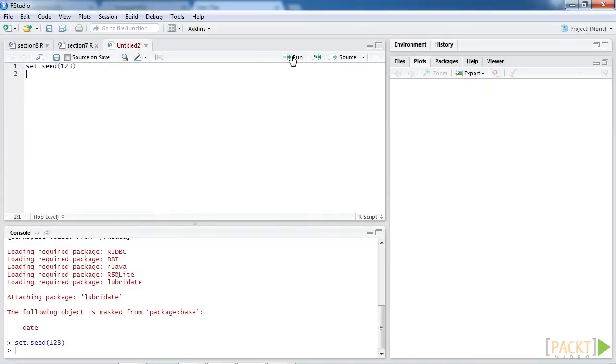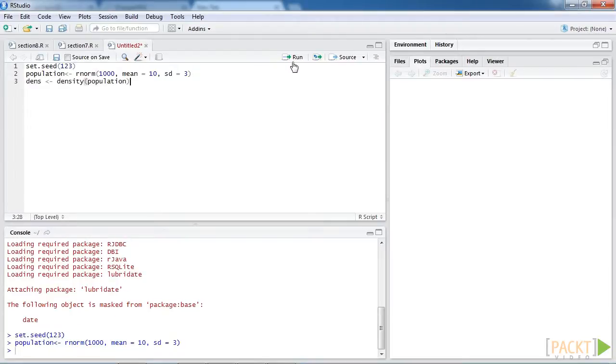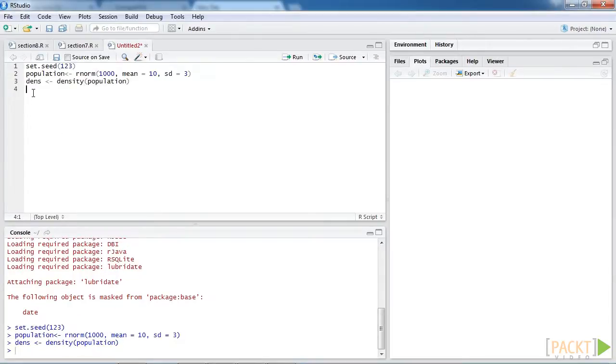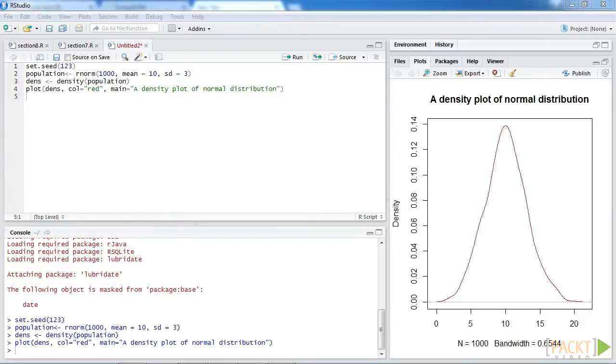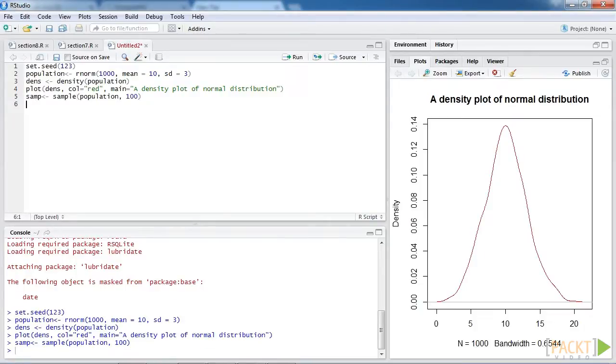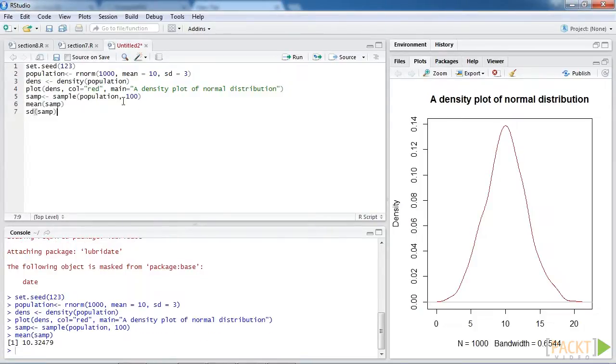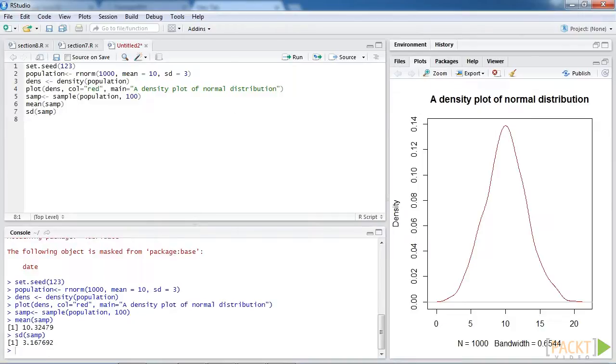First, we generate a normal distribution using the rnorm function. Using plot, you can see the graph over here. Next, we'll sample 100 samples out of the population using sample population. Here you can see the value.